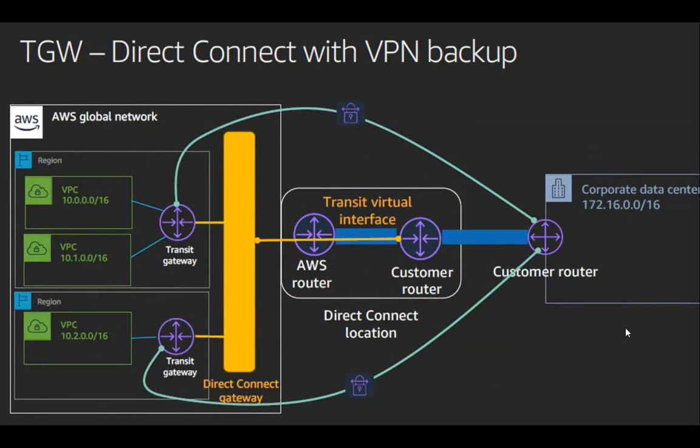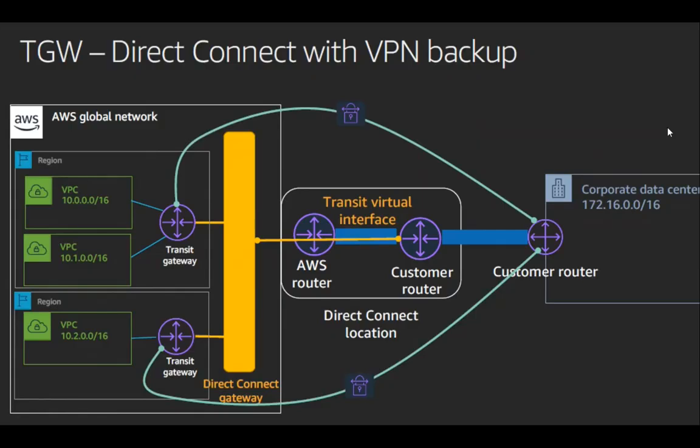Now let's talk about transit gateway, Direct Connect with VPN backup. As we discussed in our previous slide, you can have a Direct Connect connection where your customer router sits in the Direct Connect location and has an interface called a transit virtual interface, and you can get private connectivity via Direct Connect gateway.